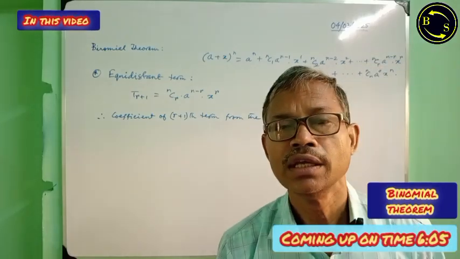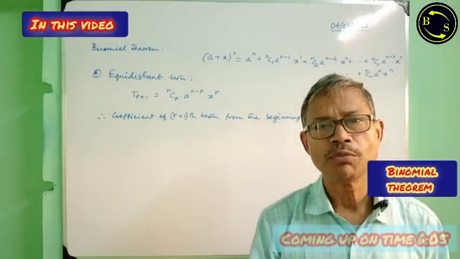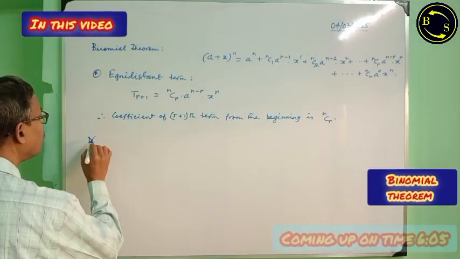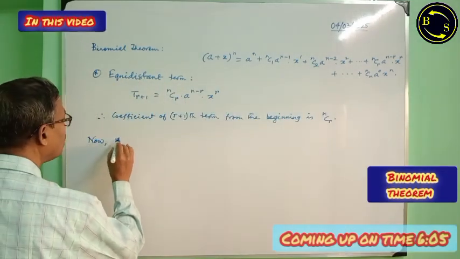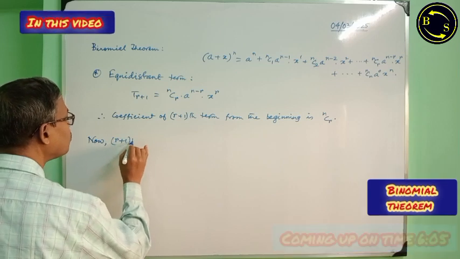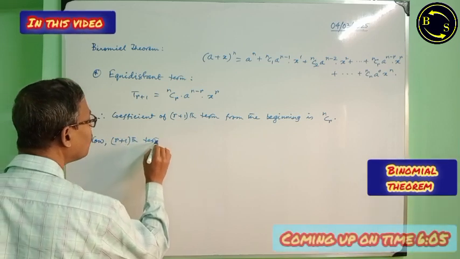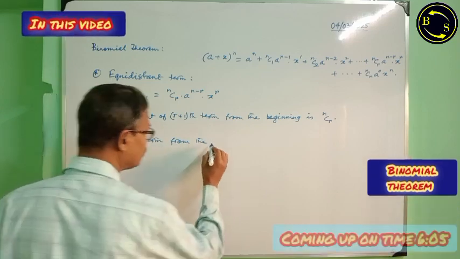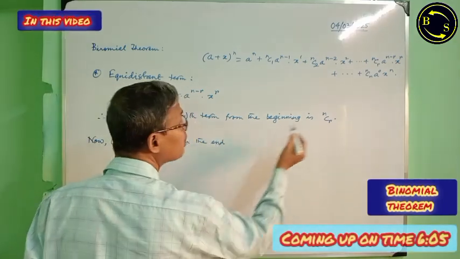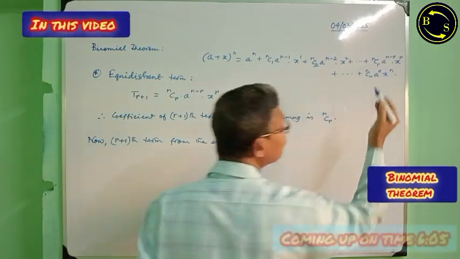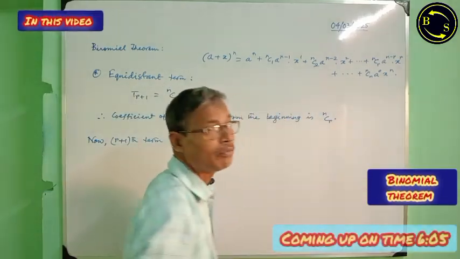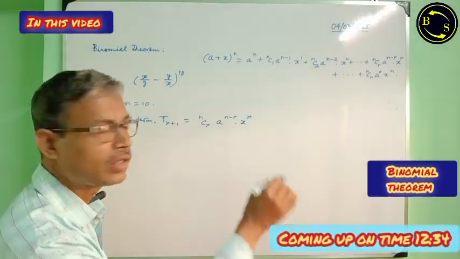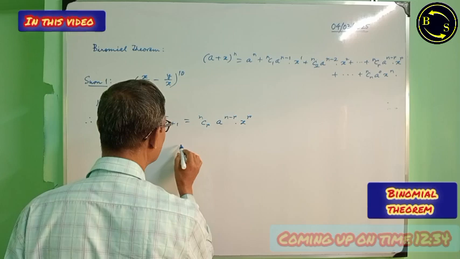Going to find the r plus 1th term from the end. That means from this one, considering this one as the first term, what will be the r plus 1th term? Remember, first we write the general form, then we put the value.